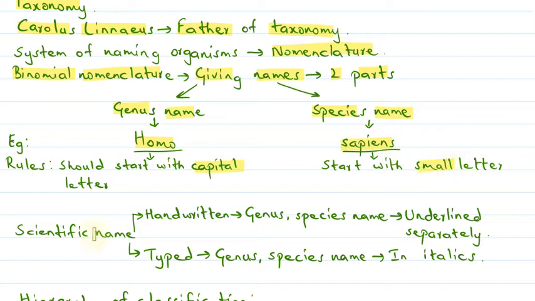When we write scientific names, if the names are handwritten, then both the genus as well as the species name should be underlined separately, as done here. If the scientific names are typed, the genus name as well as the species name must be written in italics. Then we saw the hierarchy of classification.